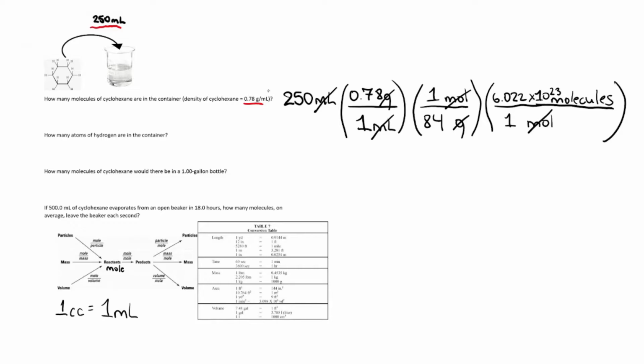So now we want to multiply across the numerator and across the denominator and then divide. And that gives us 1.40 times 10 to the 24th molecules. And that's it for that one. Let's look at the next one.